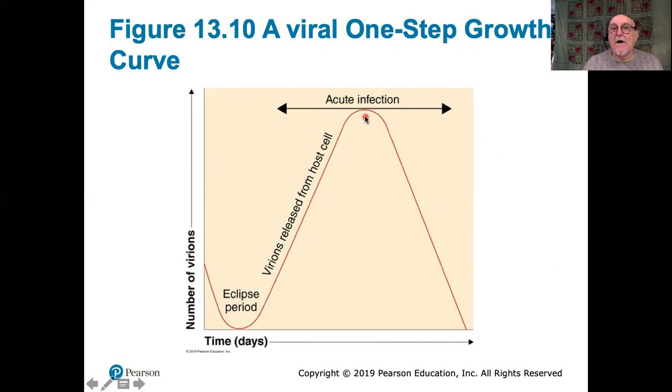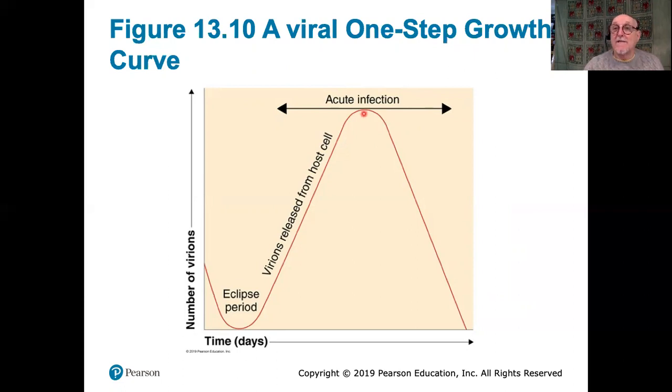Then there's a period of acute infection. That is the period when the virus is being actively produced by cells, actively released, and is also probably the period when the immune system is beginning to recognize what is happening.